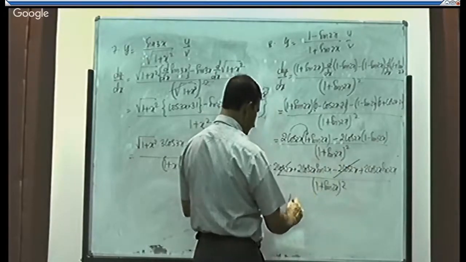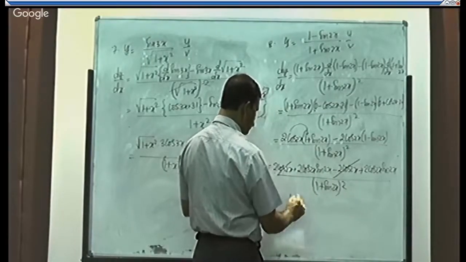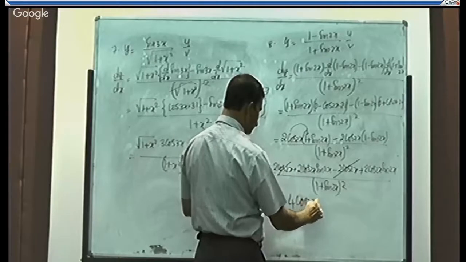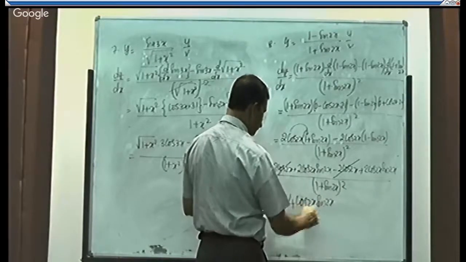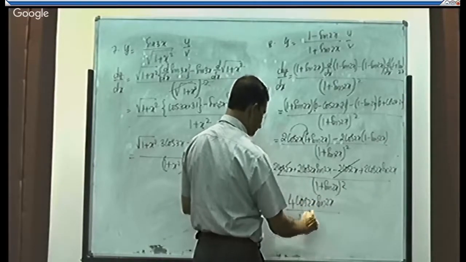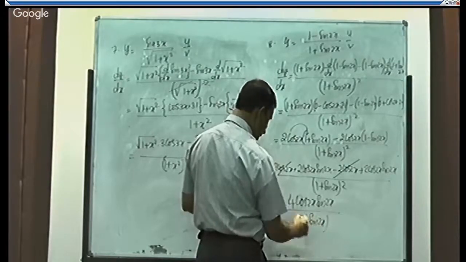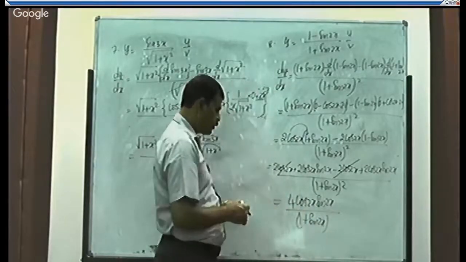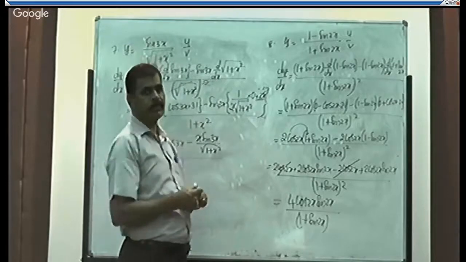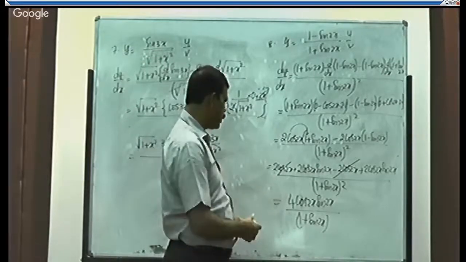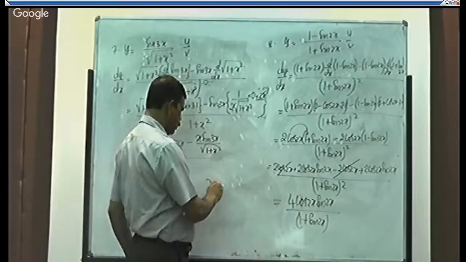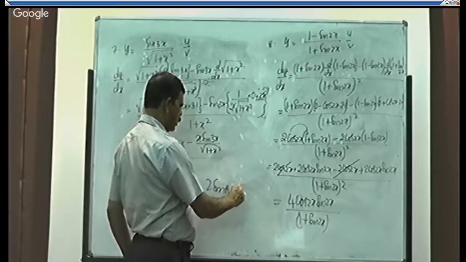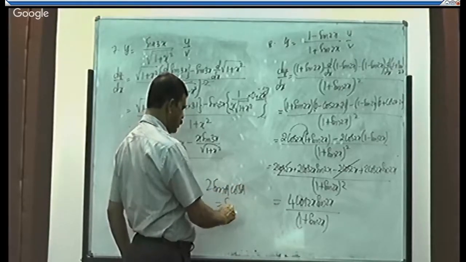It is 4 into cos 2x into sin 2x, all divided by 1 plus sin 2x whole square. The numerator can also be simplified according to the sin 2a formula. 2 sin a cos a is equal to sin 2a.